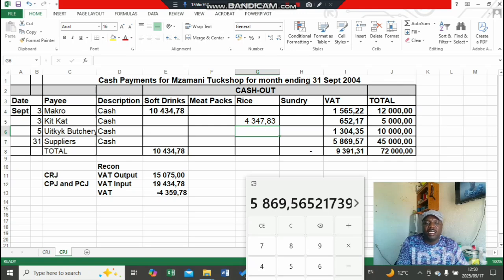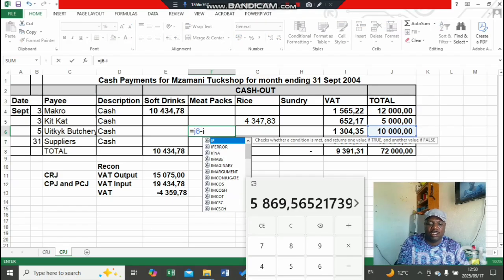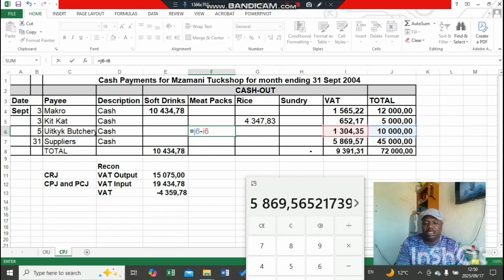And then I need to do the same for meat. This will be J6 minus I6. You use your calculator, do it straight without using these formulas here.